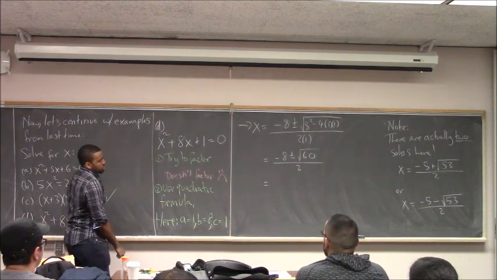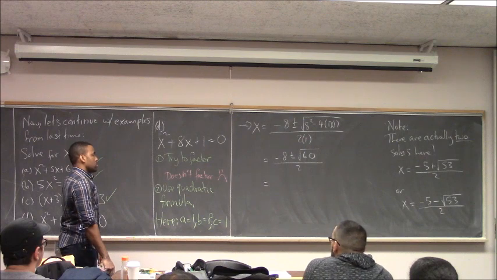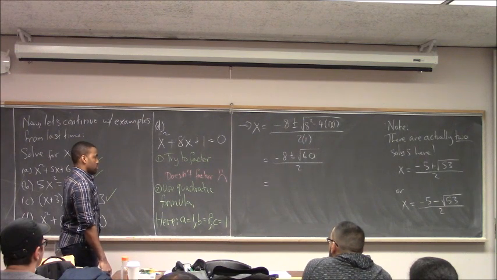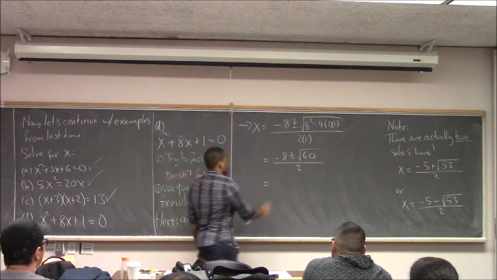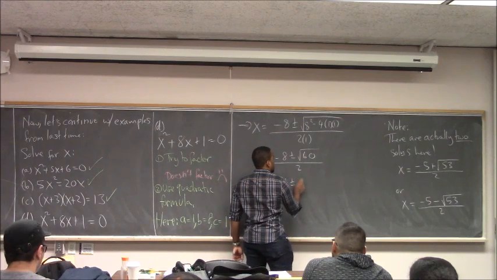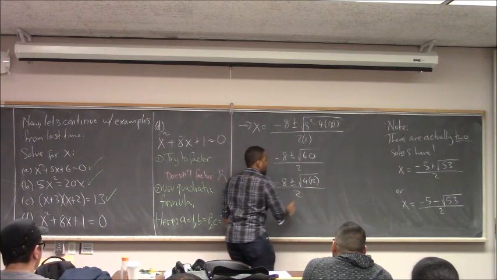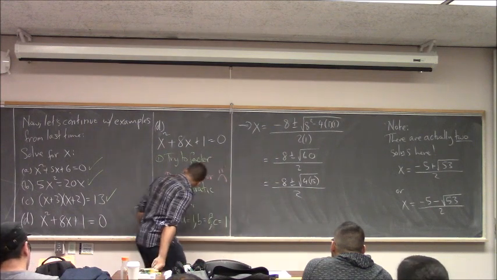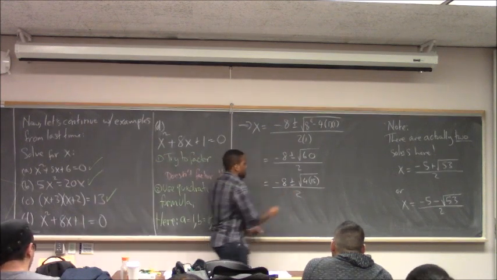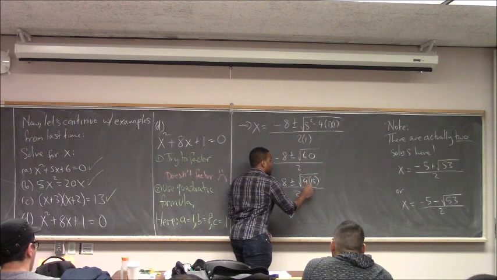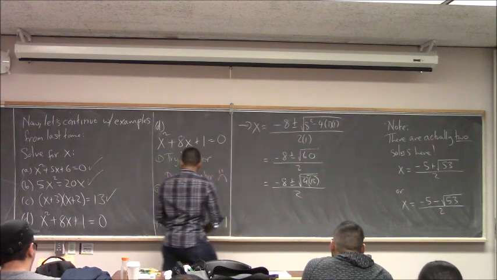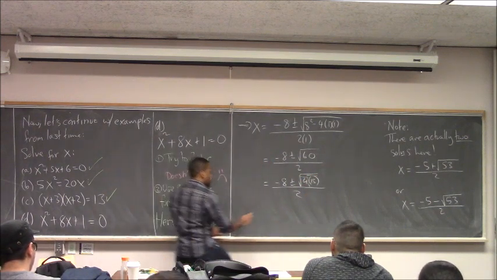That one can simplify, I think. Yeah. How can you break down 60? 4 times 15. Remember, radicals distribute across products, so I can think of this as the radical of 4 and the radical of 15. The radical of 4 I know is 2.